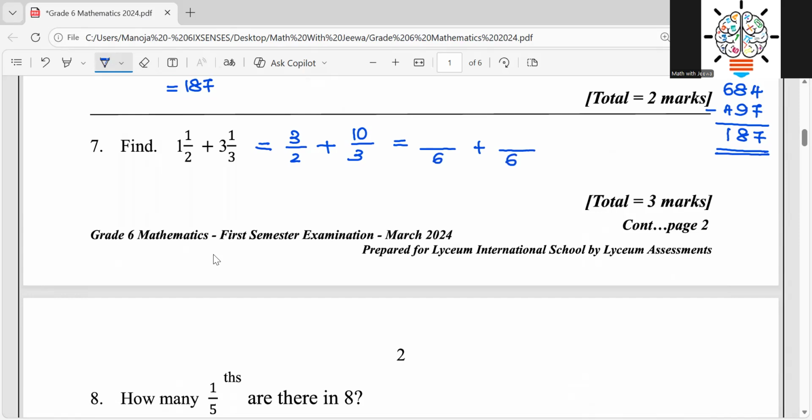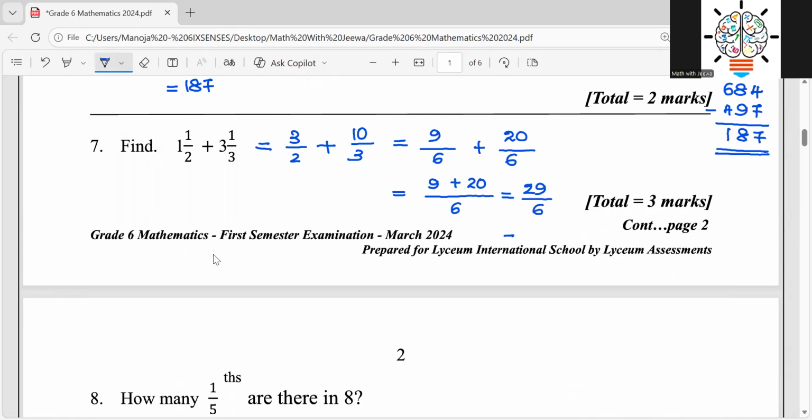Okay. 2 times 3, 6. 3 times 3, 9. 3 times 2, 6. 10 times 2, 20. Now you have the same denominator, 6. And then you can write 9 and 20. It gives me the answer 29.